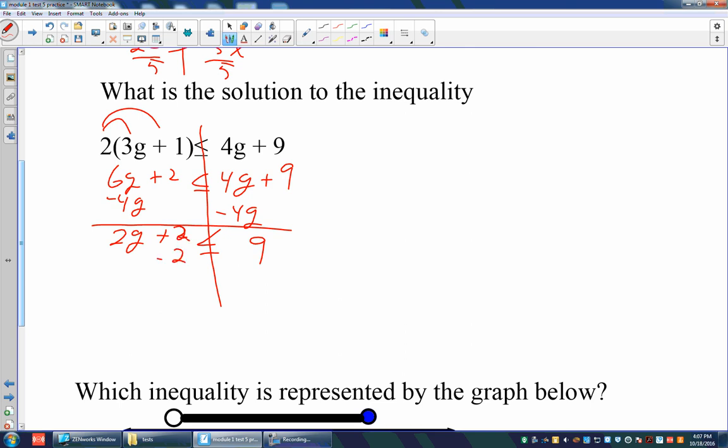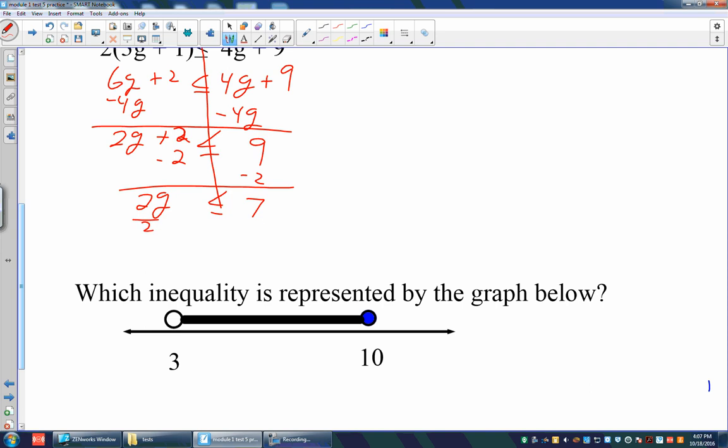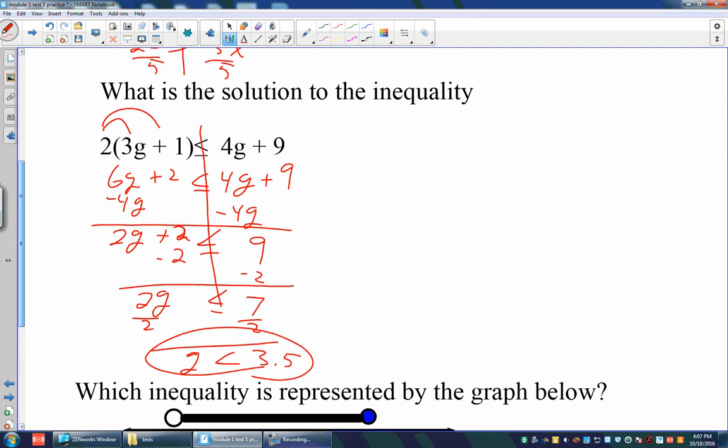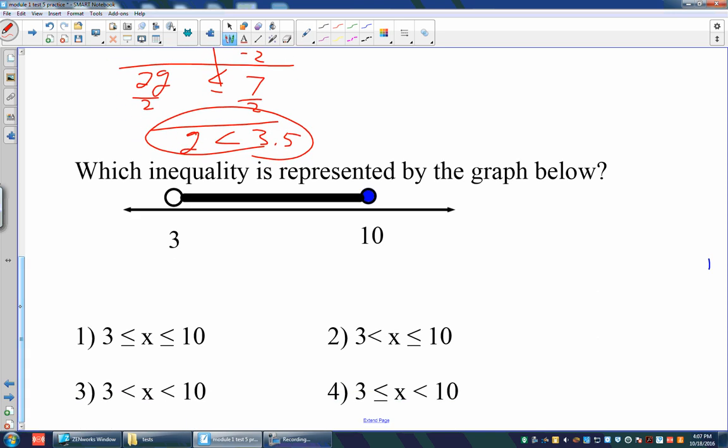Now when we subtract 2 from both sides, I get 2g is less than or equal to 7. Dividing both sides by 2, I type that into my calculator, and I get g is less than or equal to 3.5. There it is. What's the solution? It doesn't say write in interval notation or set builder notation, so we are done there.